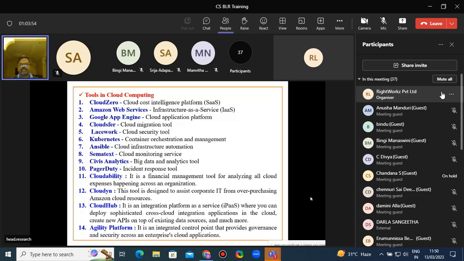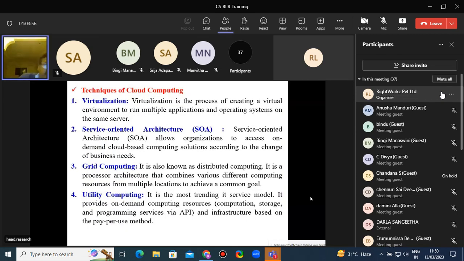Techniques of cloud computing. There are various techniques we are using under cloud computing. Virtualization. Virtualization is the process of creating a virtual environment where multiple applications and operating systems run on the same server. Service-oriented architecture.